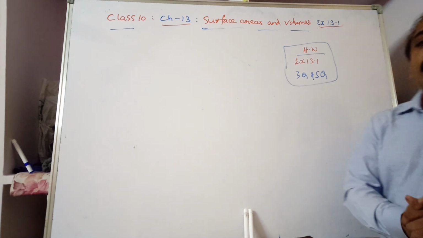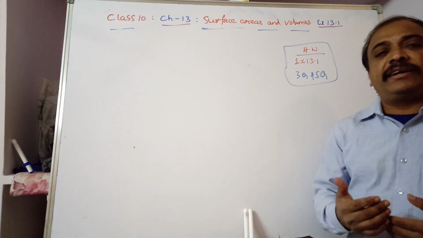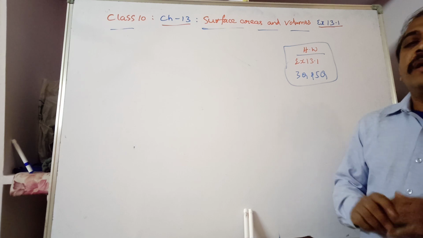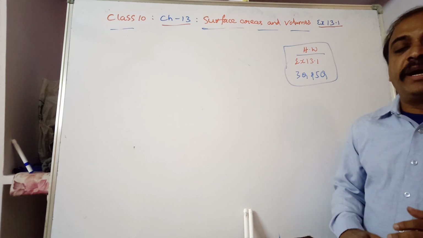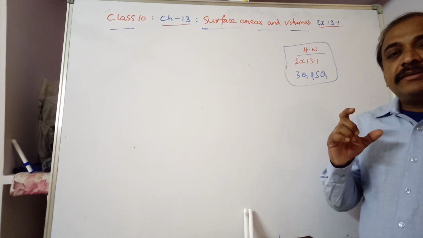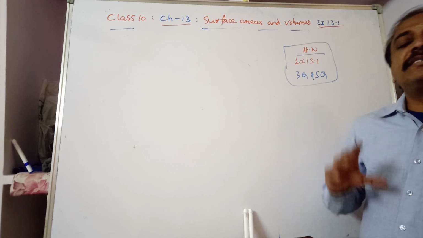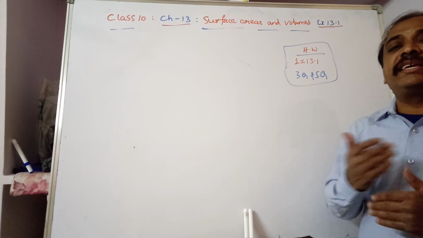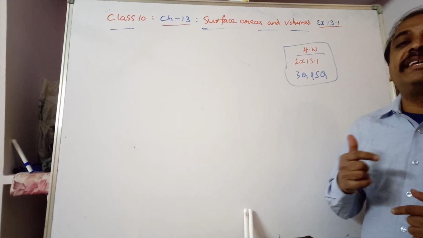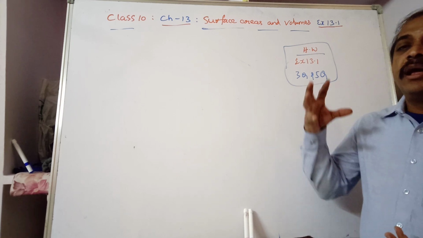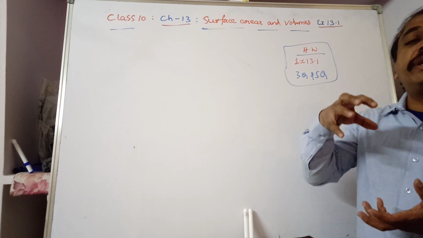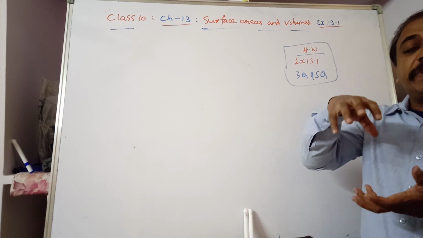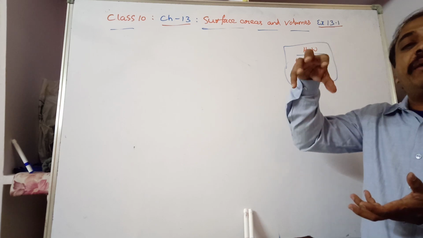So students, I hope you understood what we have discussed in today's session from exercise 13.1, combination of solids, surface areas. When they ask for the surface area of a combination, we have to calculate their CSAs. In one question, a cubical block was surmounted by a hemisphere.